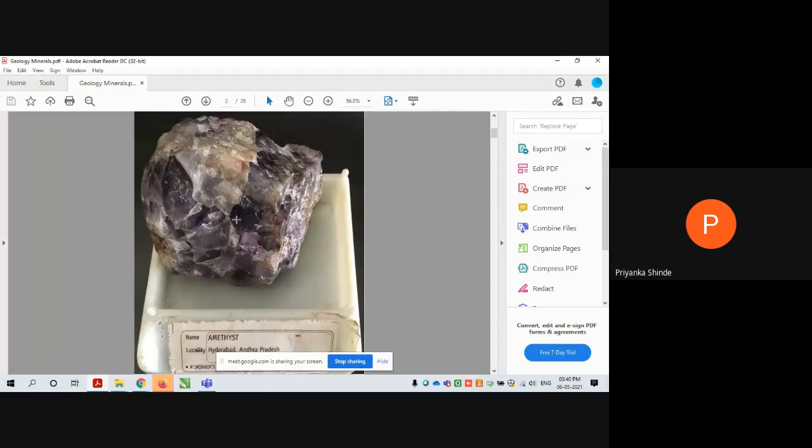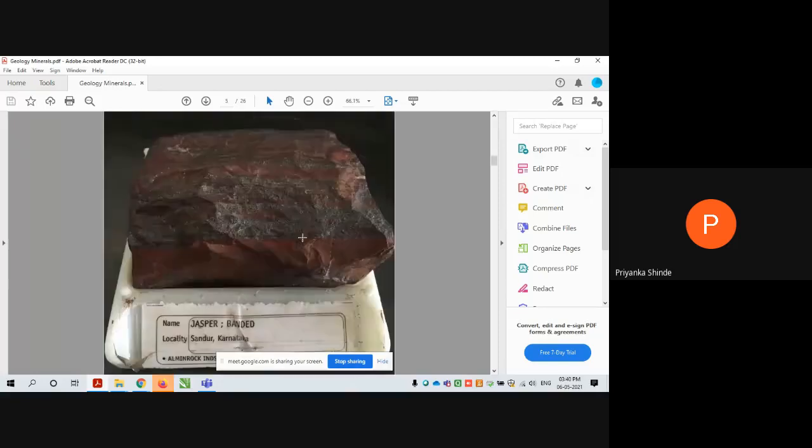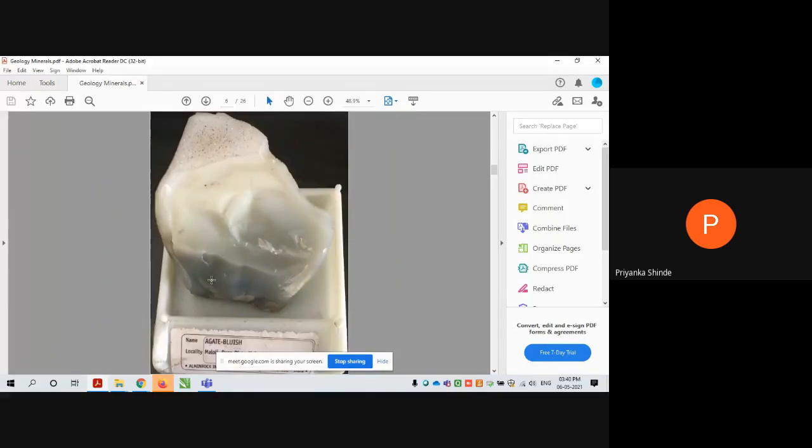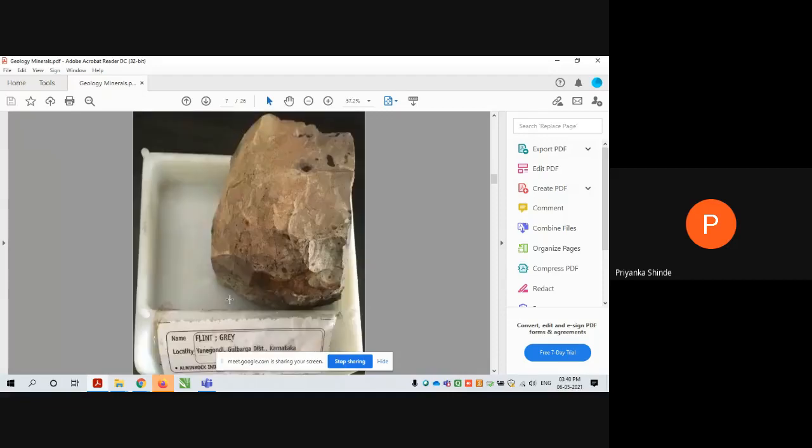Then we use the word crystalline to describe such crystals. So here the form will be crystalline massive. This one is banded, you can write it as banded form. This agate is also showing banded form. So like this you can write the form. This is again crystalline massive form.